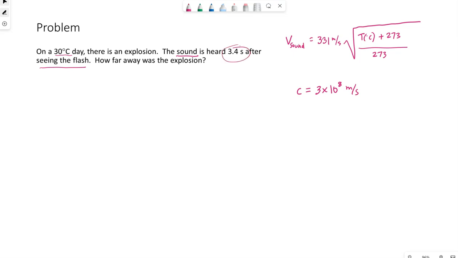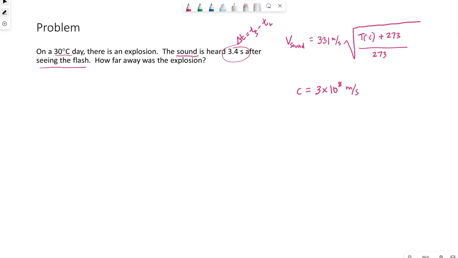This time that they give us is the delta t, meaning the difference between how long it takes for the sound to reach us minus how long it takes for the light to reach us. All right, so these speeds are constant if we assume the air is the same temperature and everything between where the explosion happened and where we are as the observer.